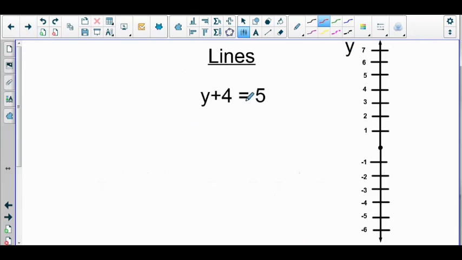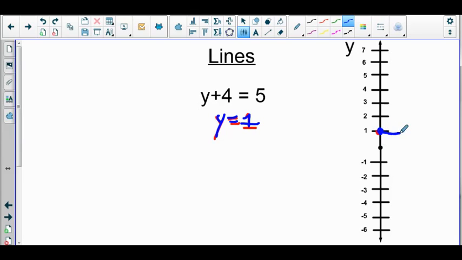If you were to plot a y, you need the y-axis or vertical number line. And how do you get the y by itself? Well, you would subtract 4 from both sides. And 5 minus 4 is 1. And of course, that would be right here. I think we're going to do that in blue. Y equals 1. And that would be right here.